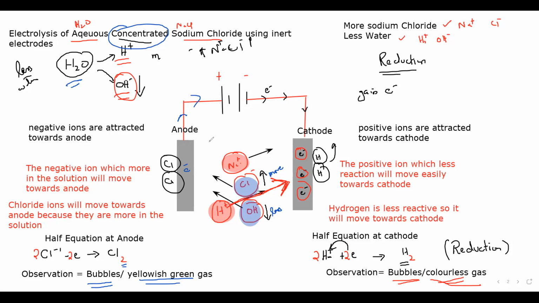The electrolysis of aqueous substances. For positive ions, you have to check reactivity. There is a simple rule for the discharge of the positive ion: you will check reactivity. And for negative ions, you will check the amount.